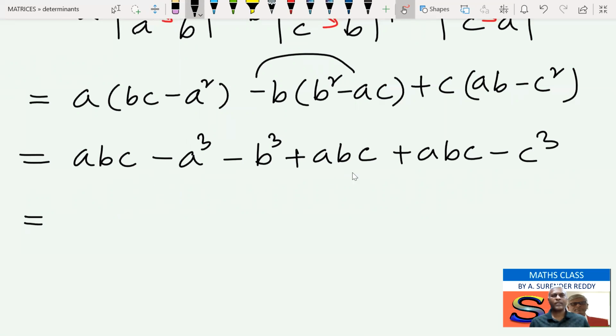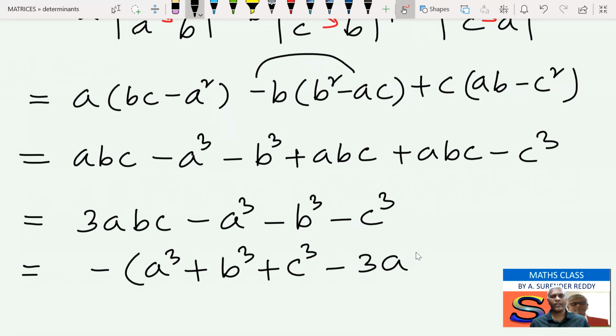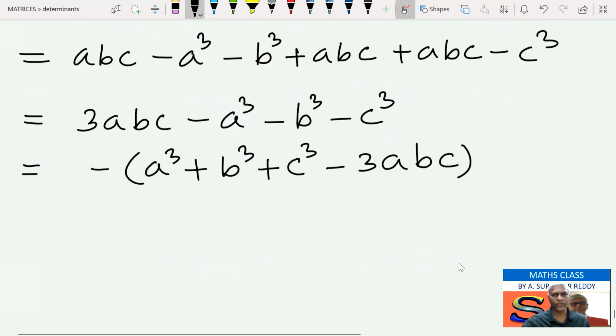So ABC, ABC, ABC is 3ABC minus A cube minus B cube minus C cube. Taking minus common, this can be written as A cube plus B cube plus C cube minus 3ABC అని రాయొచ్చు. మైనస్ కామన్ తీస్తే అన్నిటి గుర్తులు మారుతాయి.